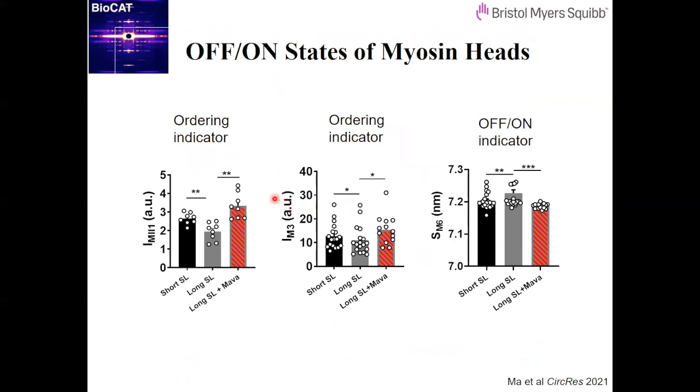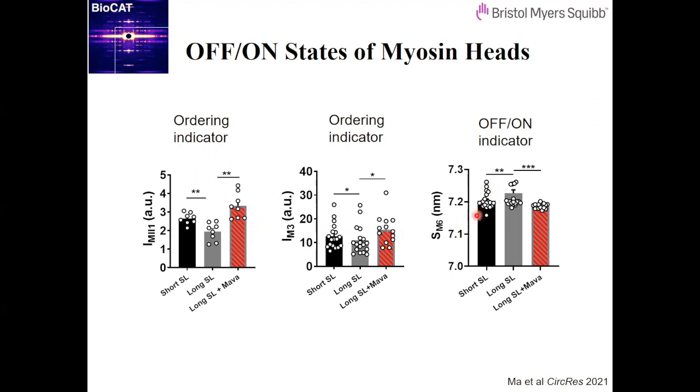And the M3, the intensity of the myosin layer lines, and the M3 is an ordering indicator. Stretch induces a disordering effect, and similarly for M3 disordering. If you put the mavacamten back, it reverses the effect of stretch.